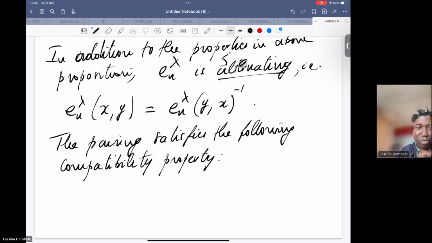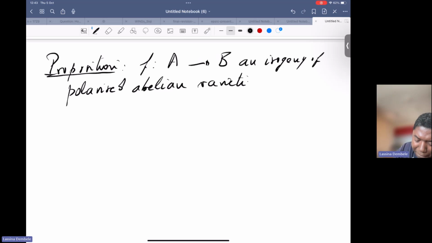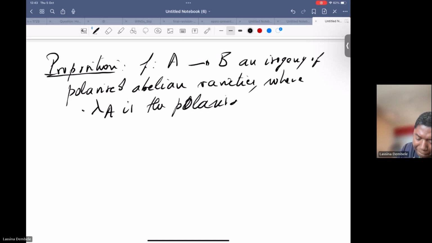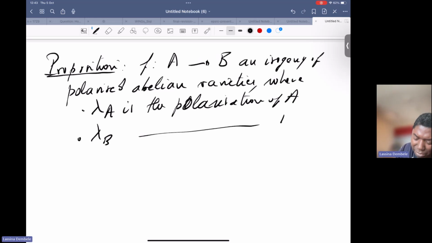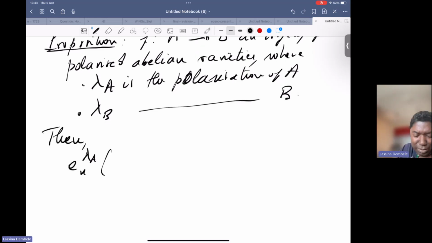You have polarized abelian varieties, where lambda A is the polarization on A, and lambda B is the polarization on B. The pairing is compatible with the isogeny and its dual in the following sense.